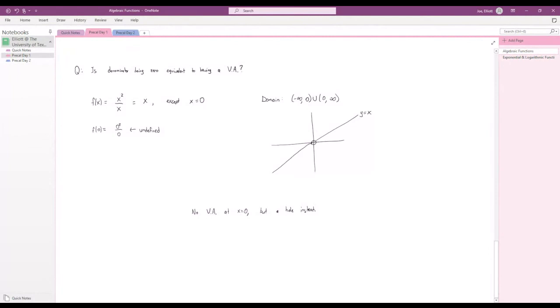Yeah, so this does get into discontinuities a bit. Again, we'll talk more about discontinuities when we get to the actual calculus stuff.